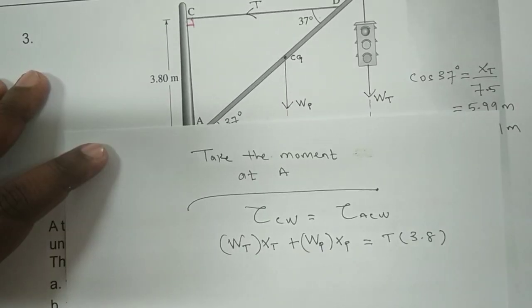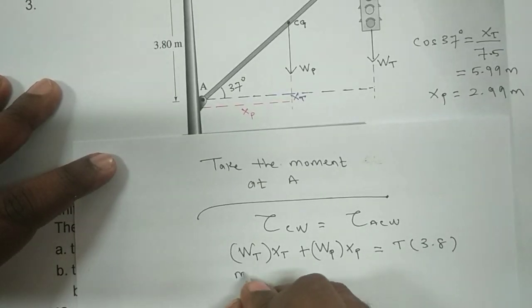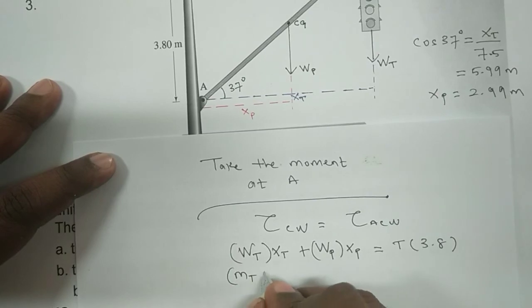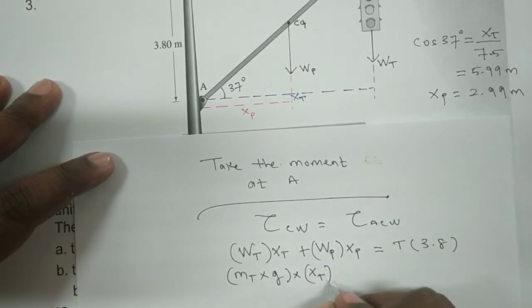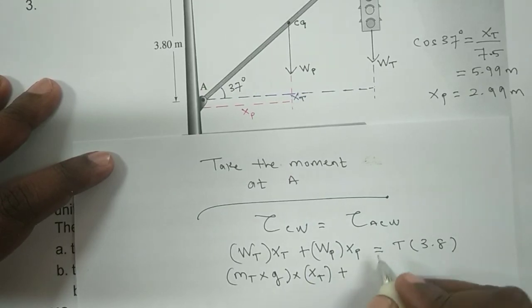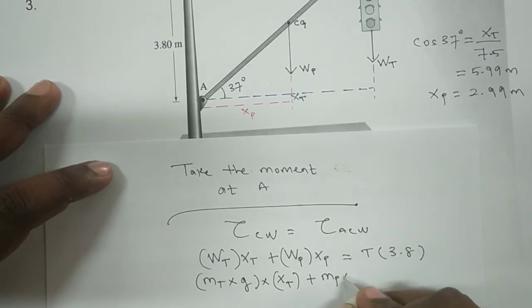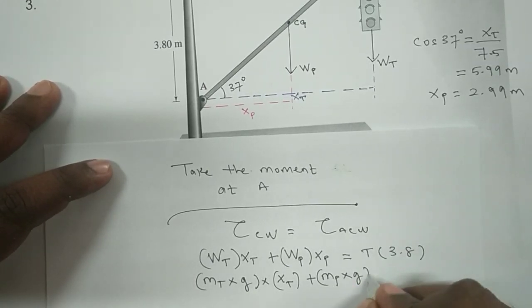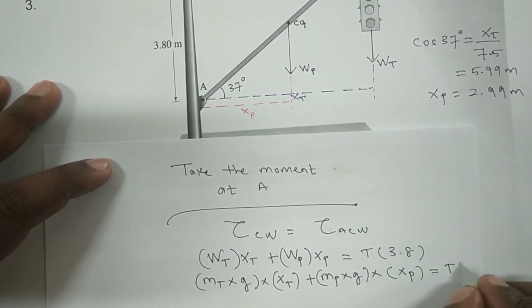So now we can easily solve the problem. Mass of traffic times gravity times the xt plus mass of pole times gravity times xp equals tension times 3.8.